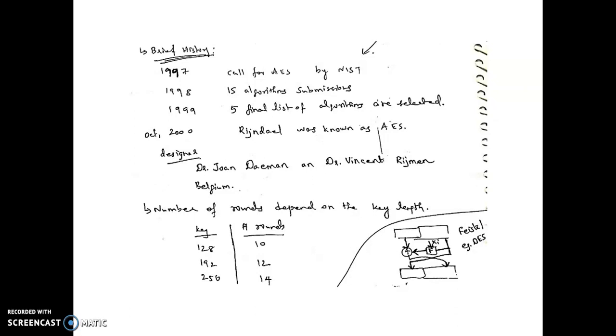If the key size is 192, the number of rounds is 12. If the key size is 256, the number of rounds is 14. Here we assume we are going to explain AES with an input block size of 128 bits and a key size of 128 bits, so the number of rounds will be 10.